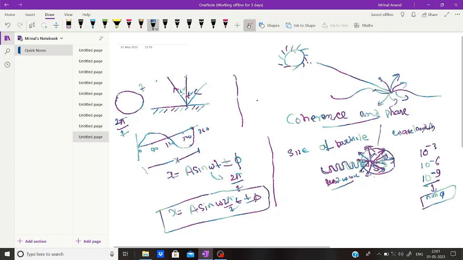And that blue light we are seeing is due to Rayleigh scattering, so this is also known as Rayleigh scattering.